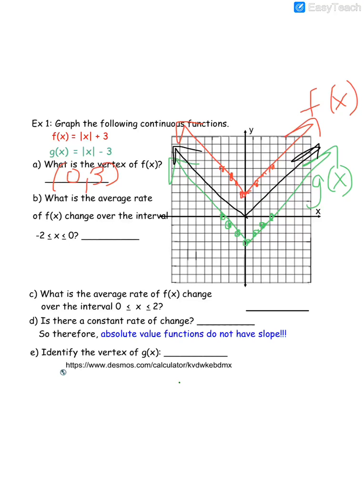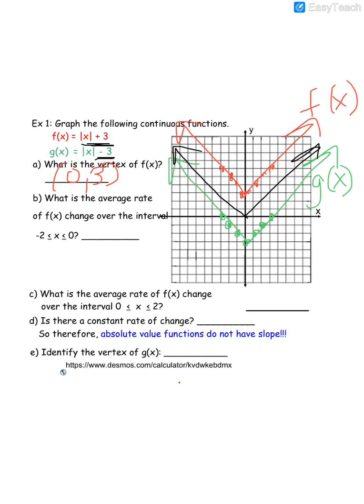And if I look at the parent function and it has a plus 3 over here, that's telling me that there is a vertical shift because it's outside the absolute value and it went up 3. That is true. This over here tells me that this is also a vertical shift, but since it's minus 3, it went down 3. So the same rules that applied to parabolas when they were in vertex form apply here with the absolute value function.